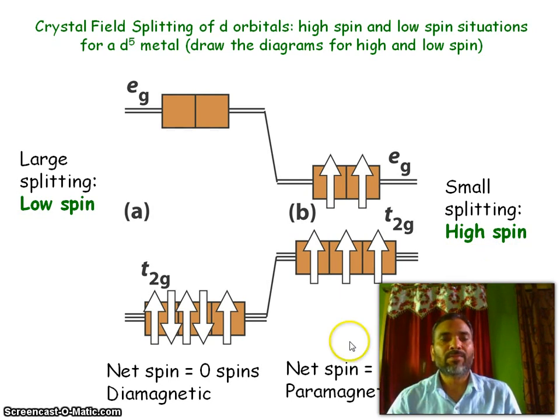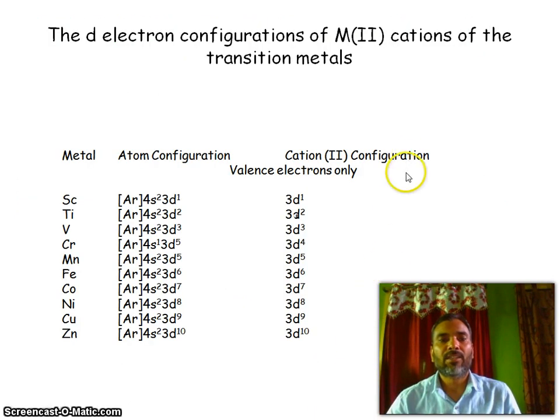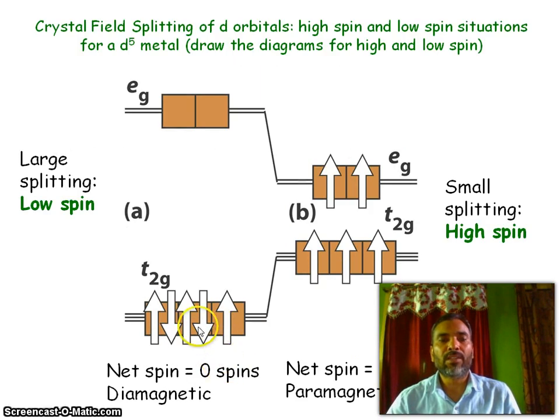So zero spin means it is talking about the 6, maybe that one is wrong. This is the 5, these unpaired electrons are here. Small splitting, high spin, this is the high spin. Net spin 5, paramagnetic. So that one is wrong, I think.